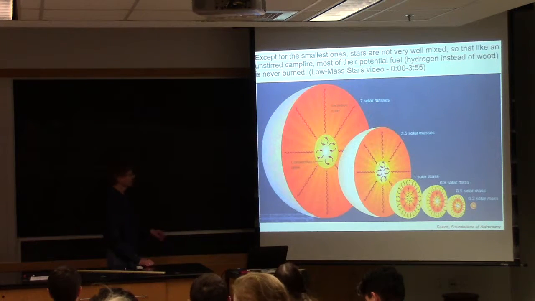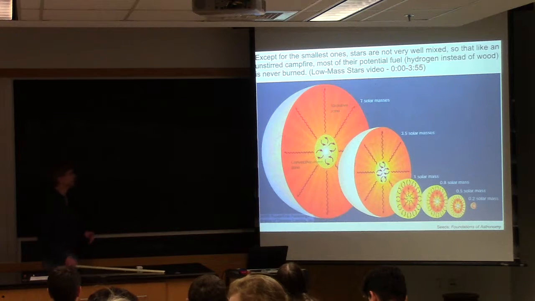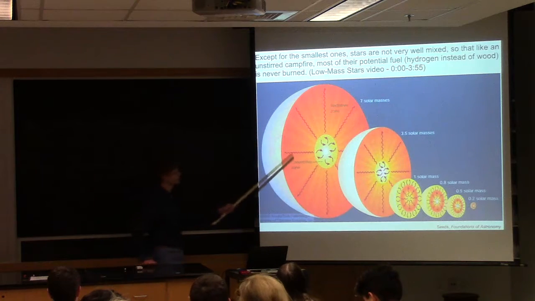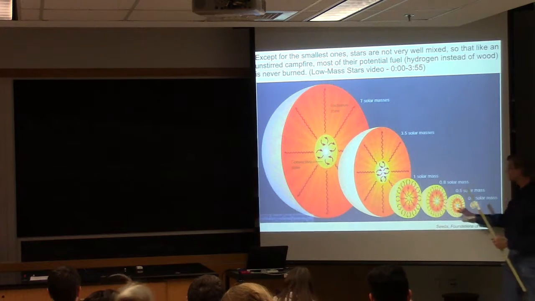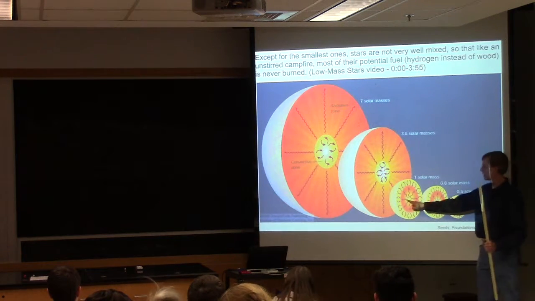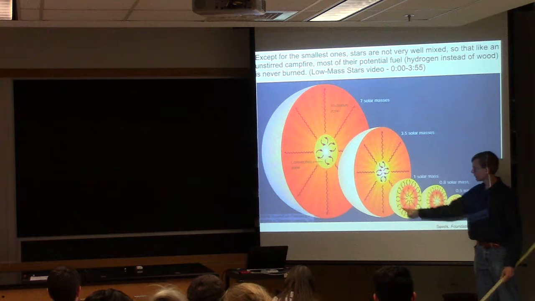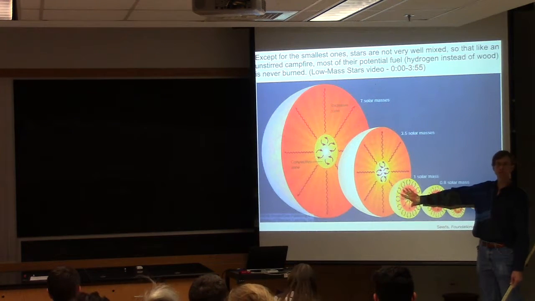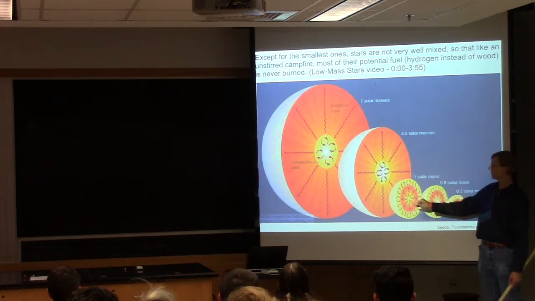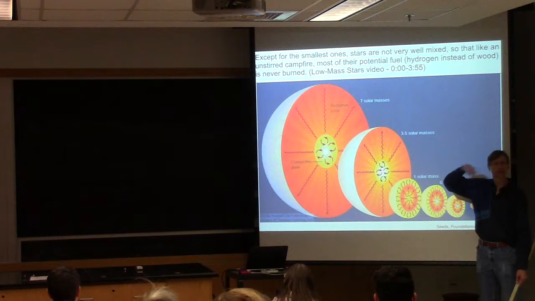Right. So, this is showing the idea. For stars about the sun's mass, the reason they're not well mixed is because the outer layers are convective and the core and the region outside the core is radiative. Convection is how you stir things together.